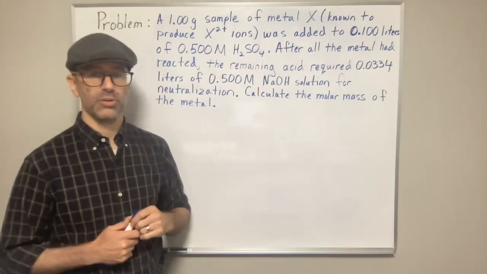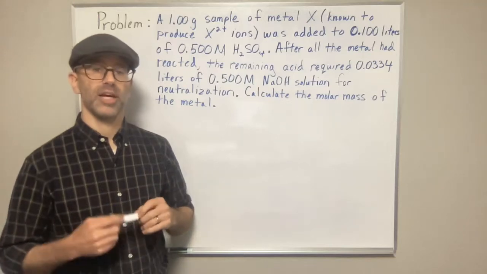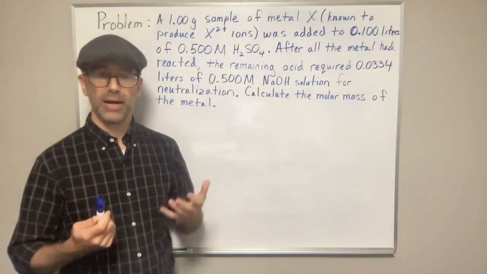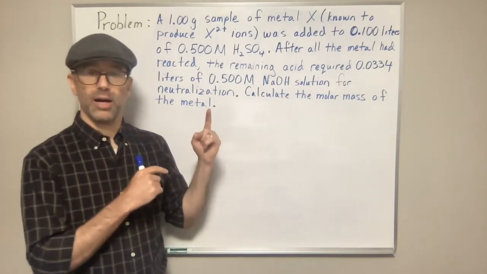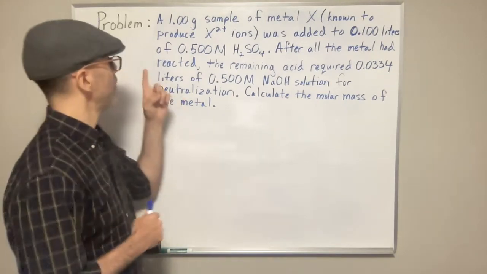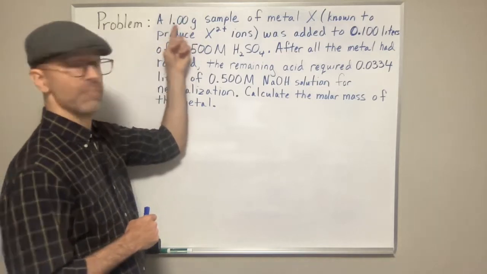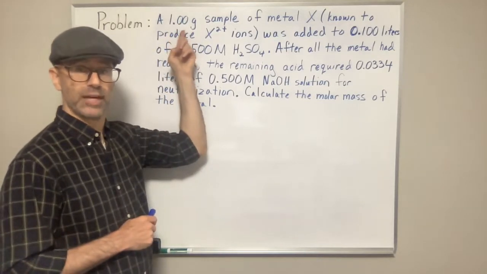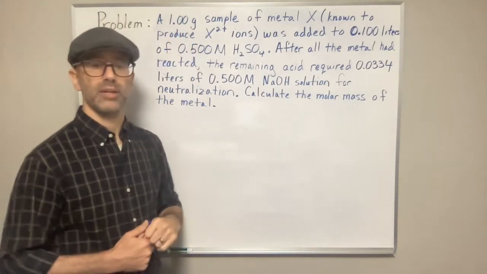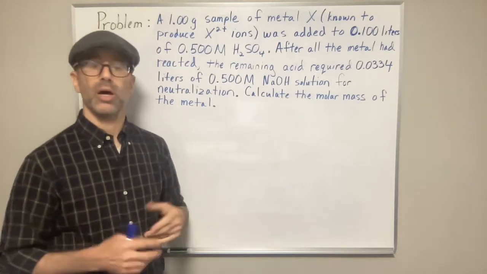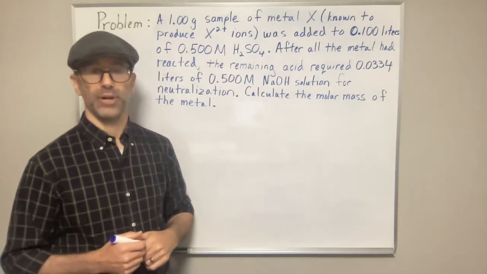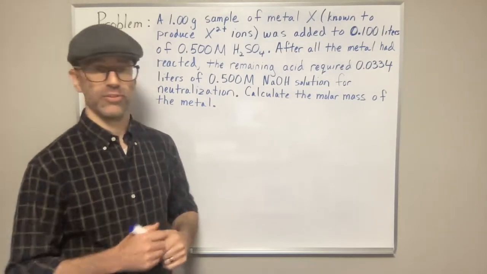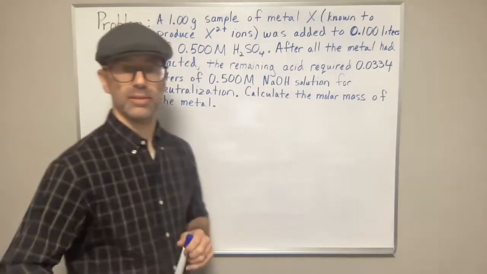So what we need to do is find the grams, the mass of the original sample, the mass of our X value. So we have that here. We've got the mass, so the only thing we need to find is the moles of the metal X that reacted. And so let's start to do this.